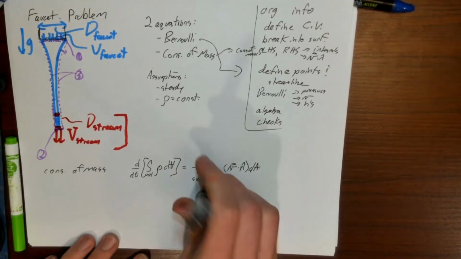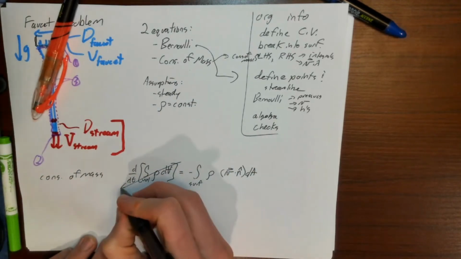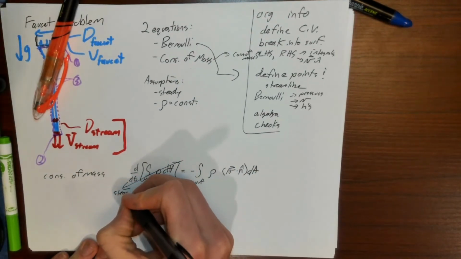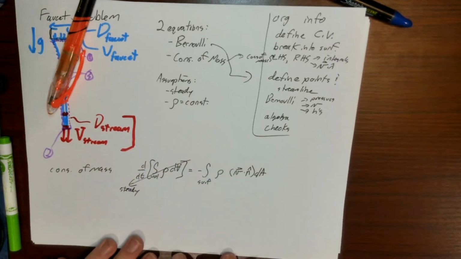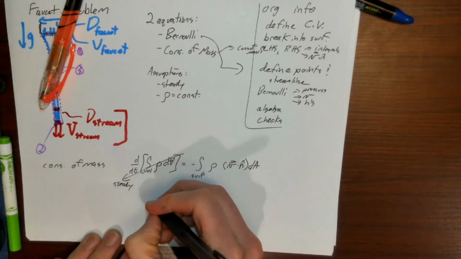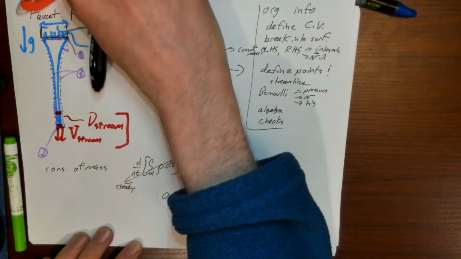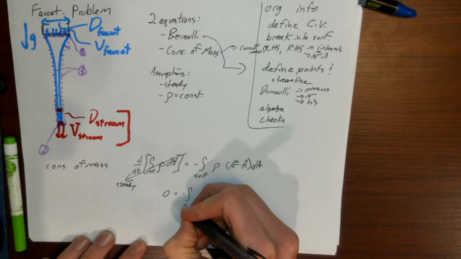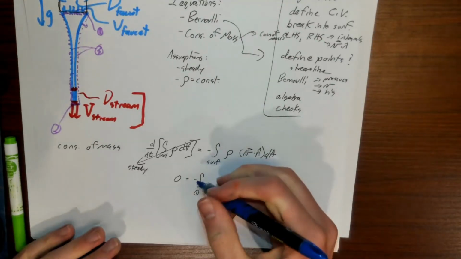And since we're in steady state, we can go ahead and just get rid of this term right here, because the time derivative of anything in steady state is going to be 0. And so that means our left-hand side is now 0, and we can break up the right-hand side into 3 parts. So over surface 1, we have our known density, rho.